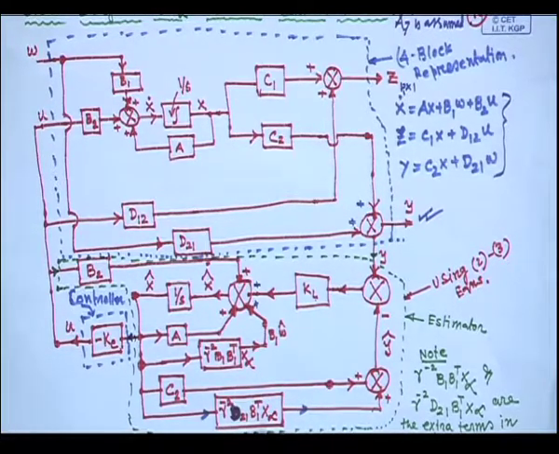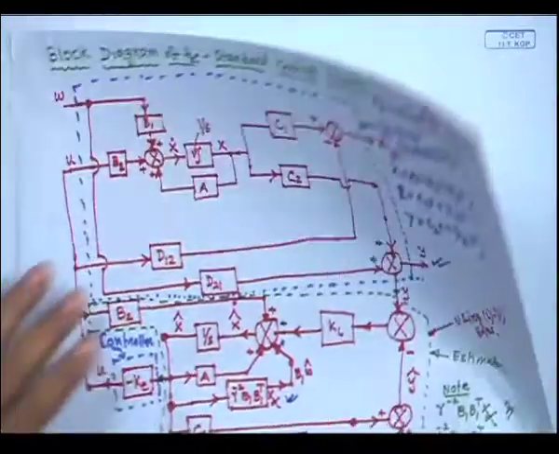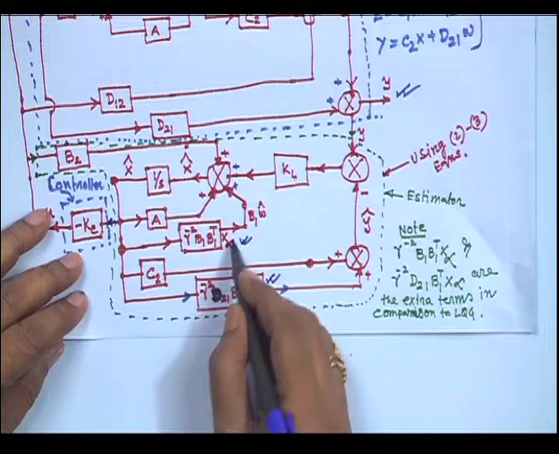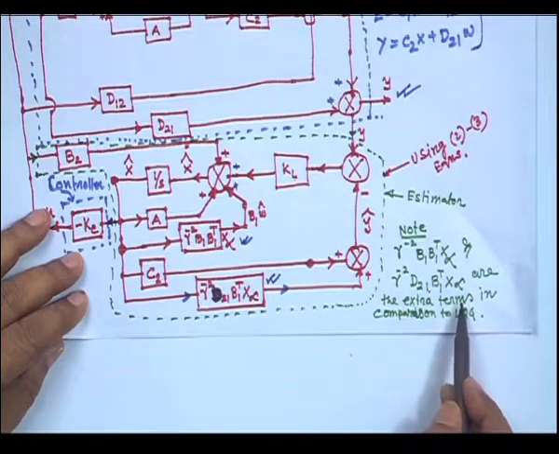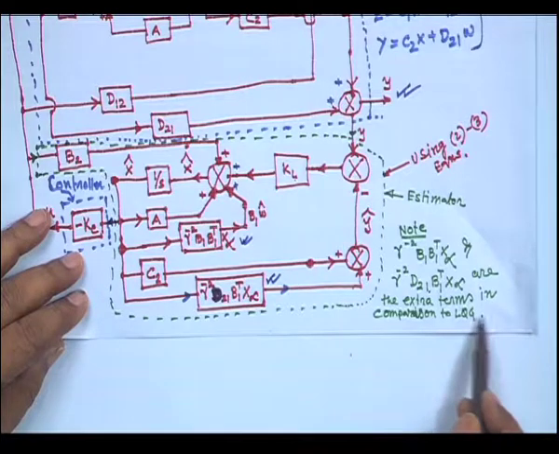So, note that this block and this block, gamma square D21 B1 transpose x and gamma square B1 B2 transpose, these two blocks are extra terms in comparison with LQR. You see this block and this block, where you have written here and here, are the extra terms in comparison with LQR.